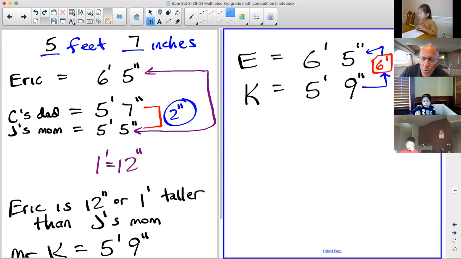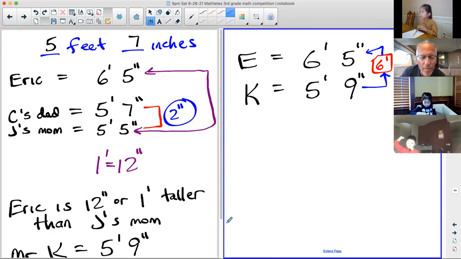We're going to have 2 answers, and then we're going to add them together. So who wants to do the 5 feet 9 to get to 6 feet? So here's Mr. Kramer at 5 feet 9, and then here's 6 feet. How many more inches is 6 feet than 5 feet 9?